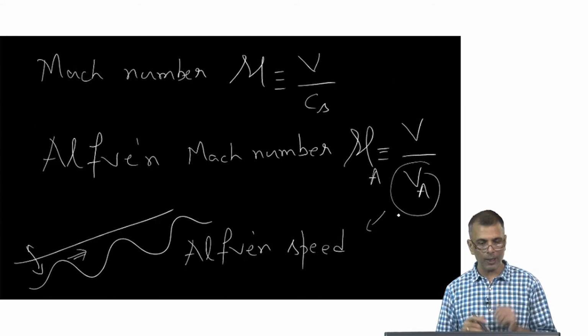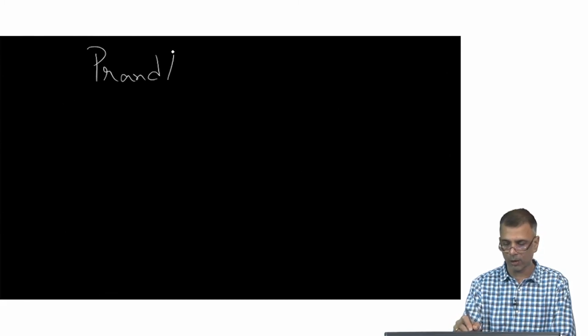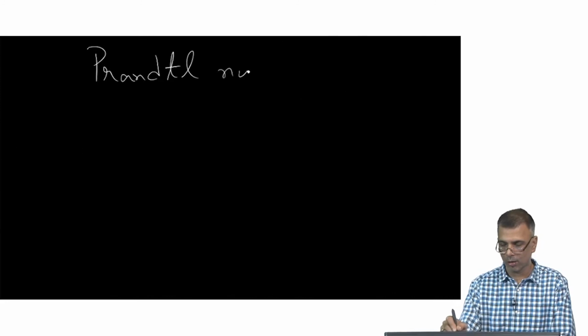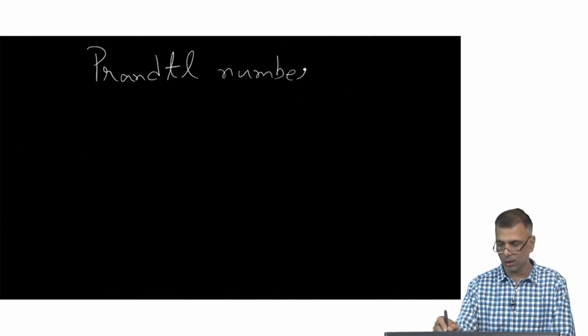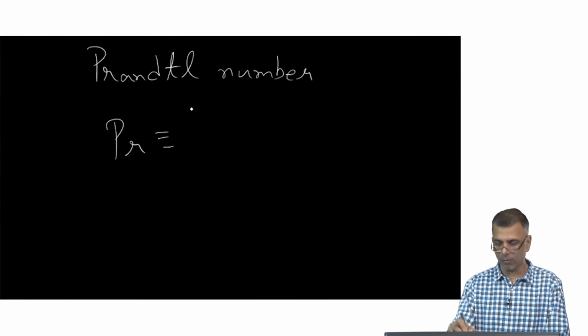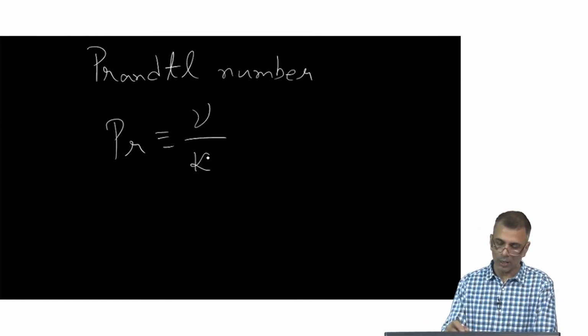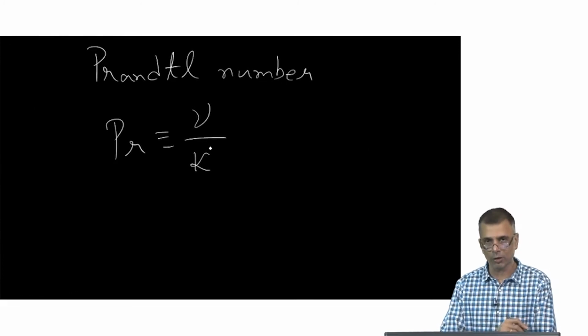Okay. In addition, let me give you a laundry list of some other dimensionless numbers in fluid mechanics. One important one is what's called the Prandtl number. It is generally denoted by Pr, and it's defined by nu over kappa, where nu is the viscosity coefficient that we've come across earlier, and kappa is the thermal diffusion coefficient.